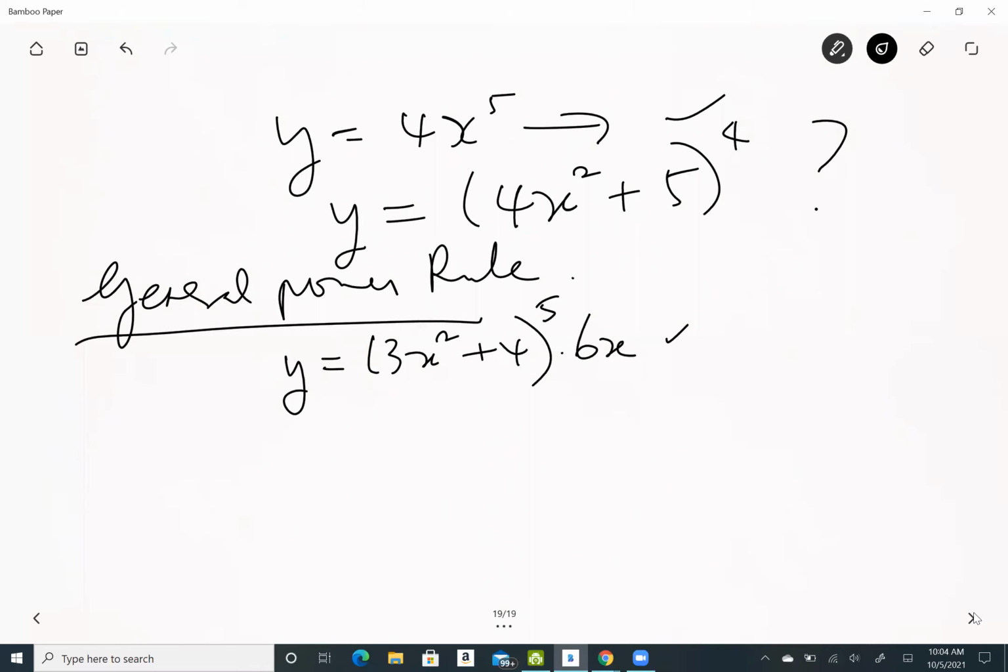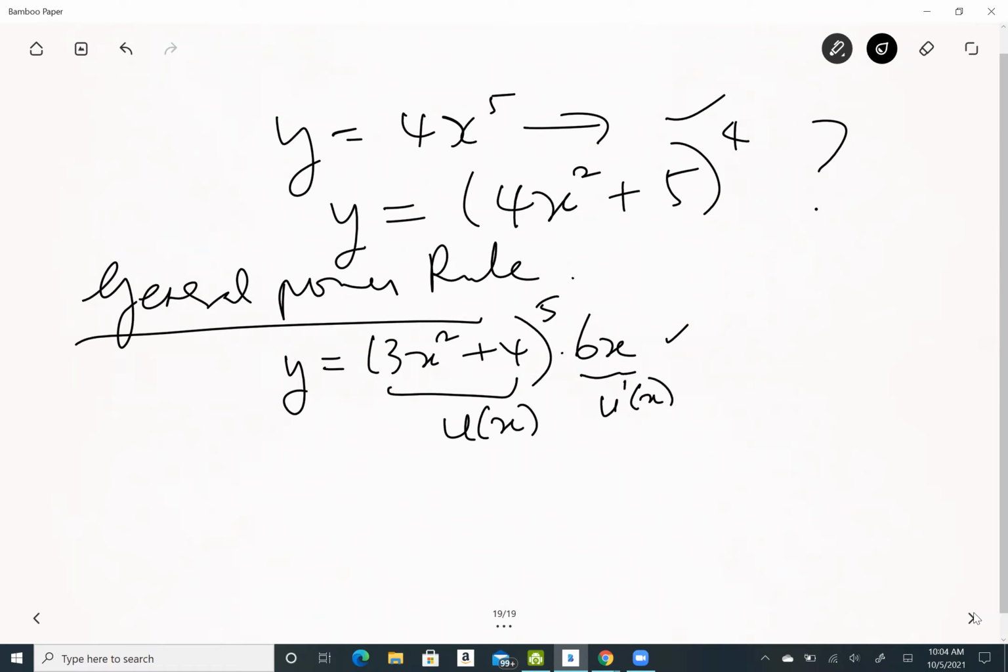Now, how do we integrate? Okay, this is the rule. You let u be equal to the terms in the bracket. All right, let's say this is u of x, because we just don't have a simple x. You have a compound term in x, and you'll see that this is u prime of x.